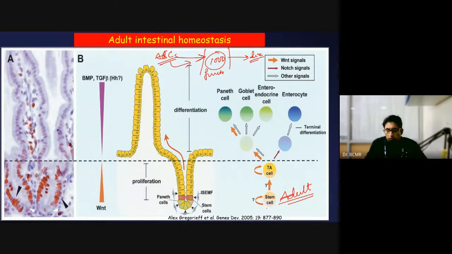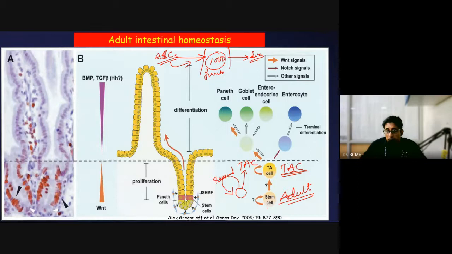So adult stem cells may undergo asymmetric cell division, because of which one is self-renewal, and the other one is a transit amplifying cell, or you can call it a TAC. The full form is transit amplifying cell.